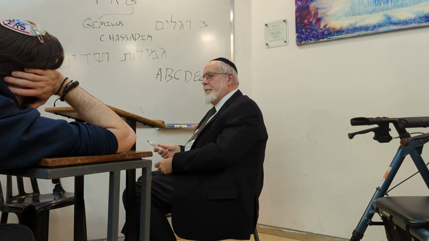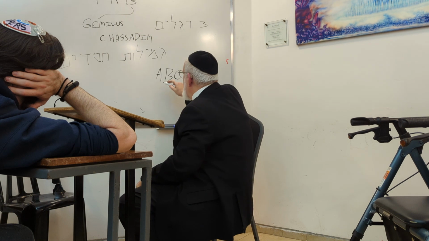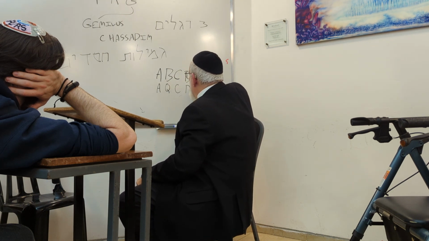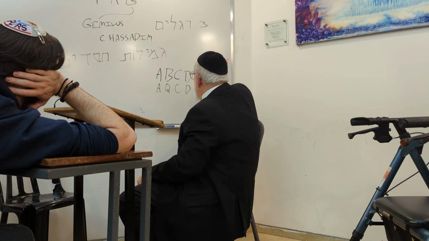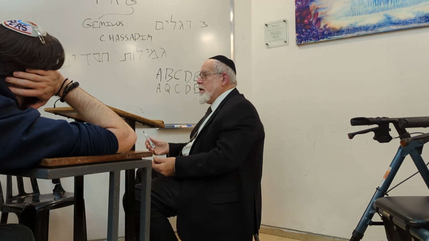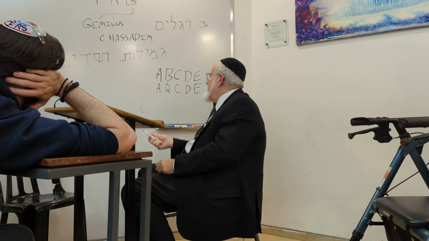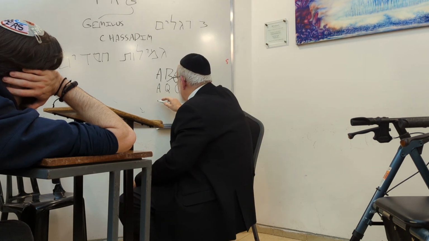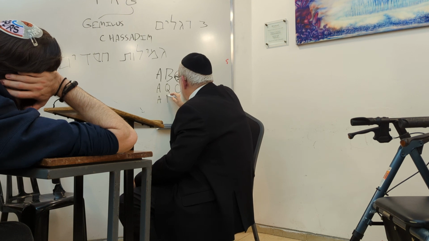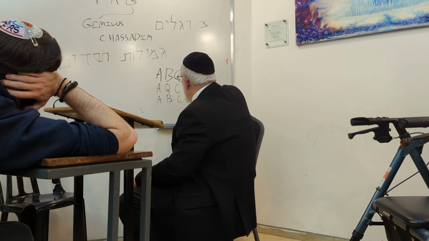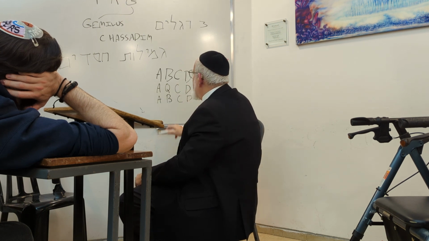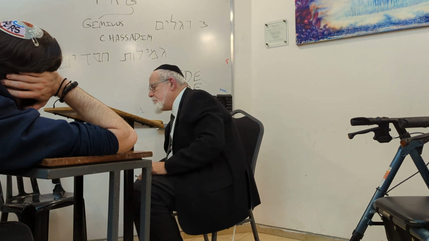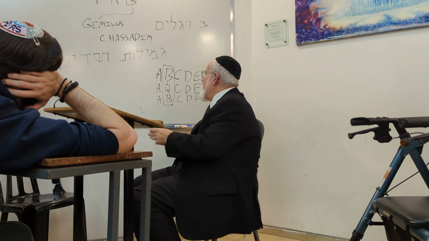And I have another copy of the same text, and it reads A, Q, C, D, E, right? Now I don't know which one is right. It's supposed to be the same text. Obviously, one of them is wrong, right? And I have a third text. A, B, C, D, E. Now the question is, what do you think this letter is likely to be? B. It's likely to be B.